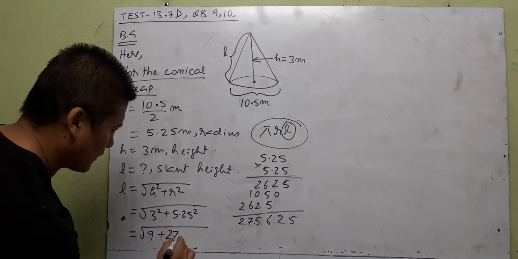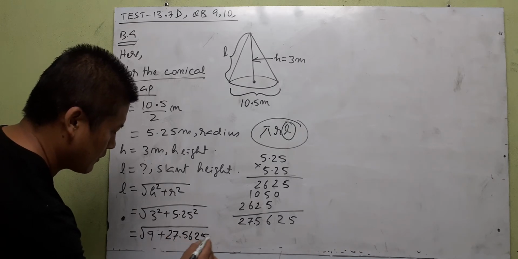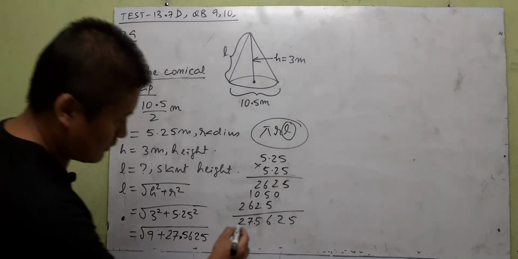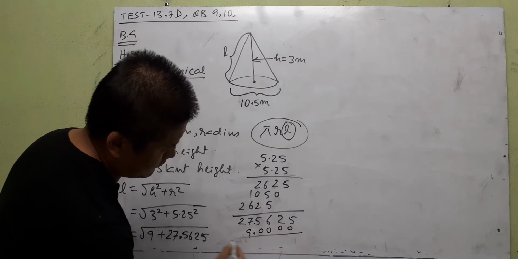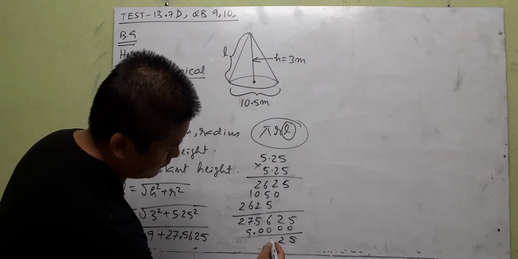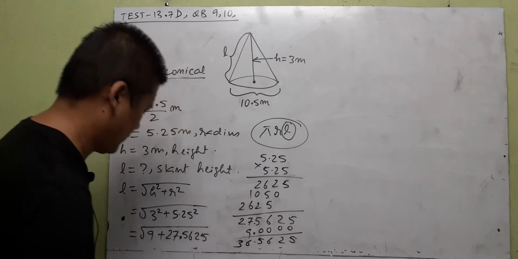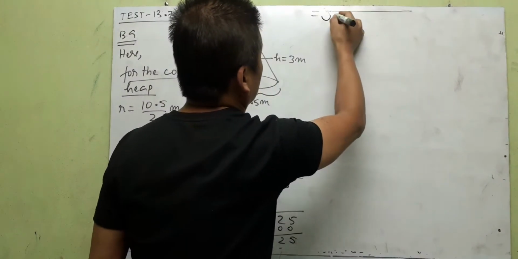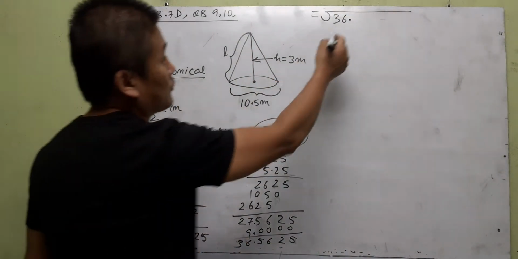So 27.5625. When you add this to 9, we're going to get here root over 36.5625.